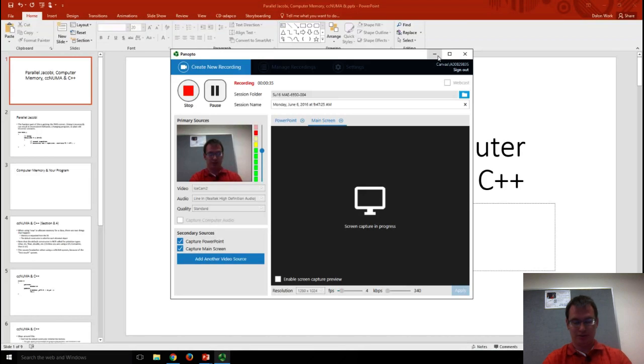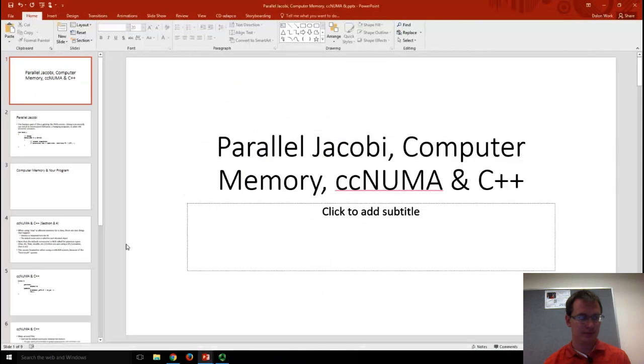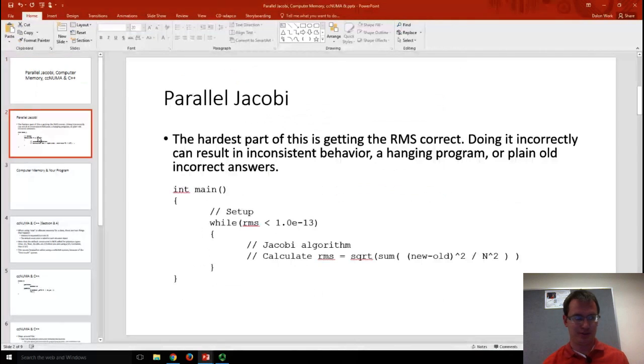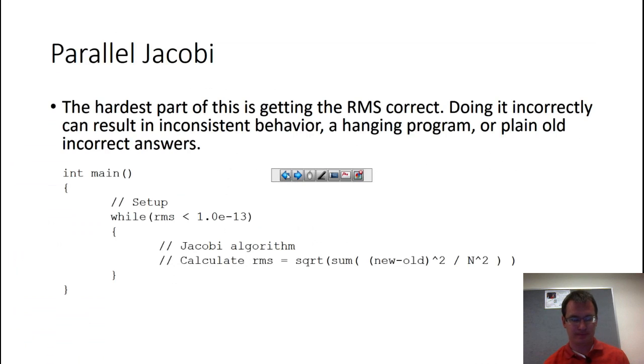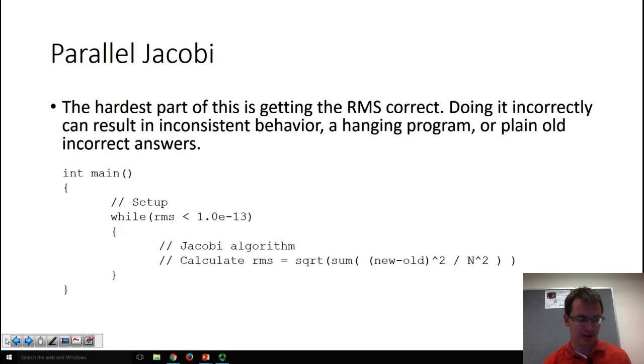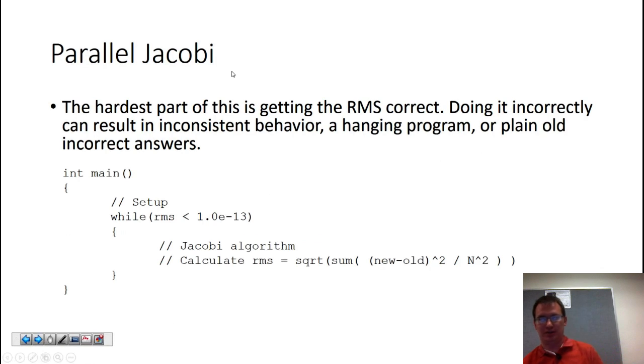So I'm going to talk a little bit about the project first, and then I'm going to jump right into some more important details to know, especially when you're talking about C++. So anyway, for the project that's due this coming Saturday, the hardest part about parallelizing this correctly is getting the RMS correct.